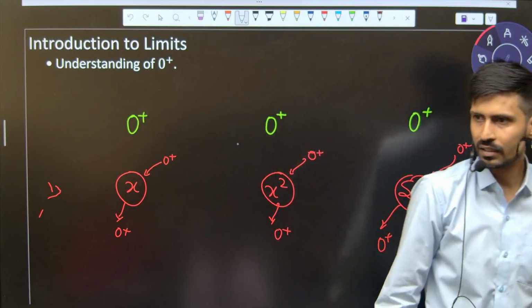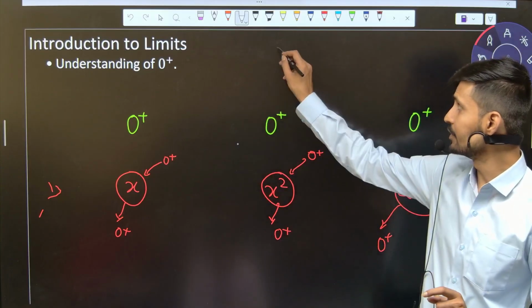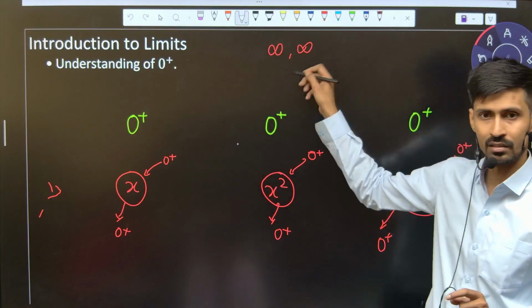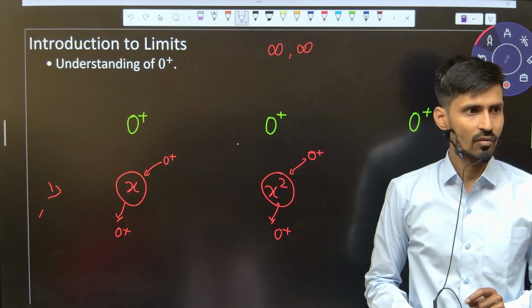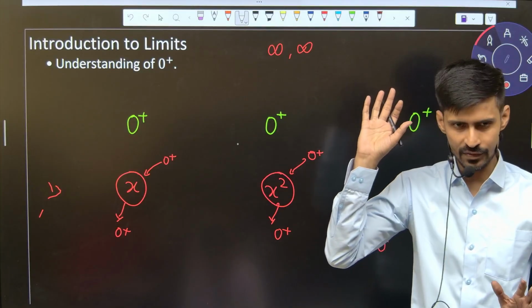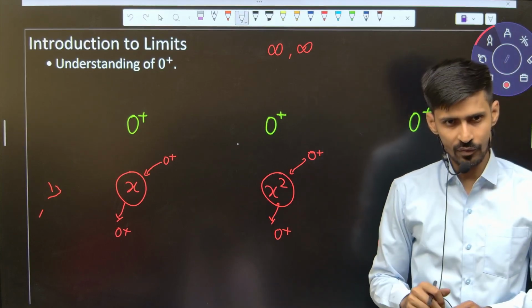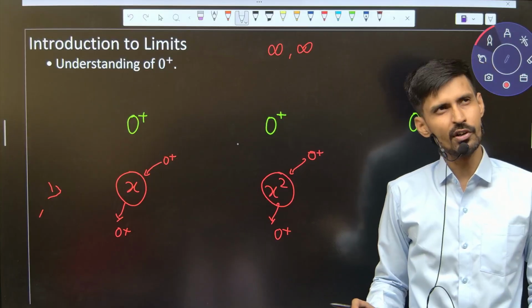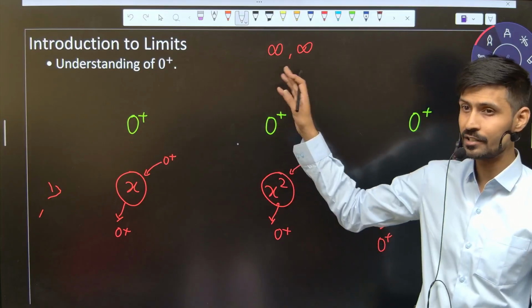So, two very big numbers we represent with the infinity sign, but both infinities are not the same. One number is there in my head, it's very big. And one number is in the head of Hemant. He's also thinking of a very big number, I am also thinking of a very big number, so both numbers I will represent with infinity.